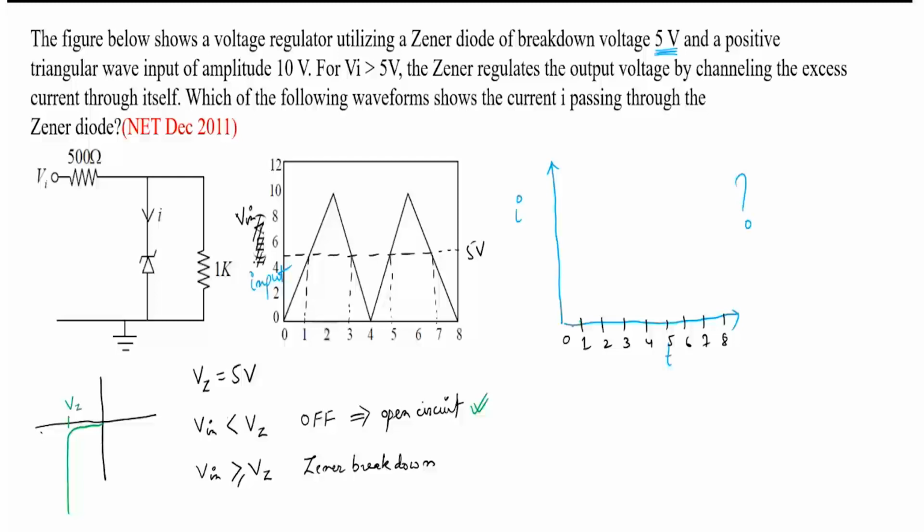So yes, the graph will be like this, 0. But from 1 to 3, from here to here, the voltage is greater than Vz. Yes or no? Yes. So whatever the current is supplied, it will go here like this. What about from 3 to 5?